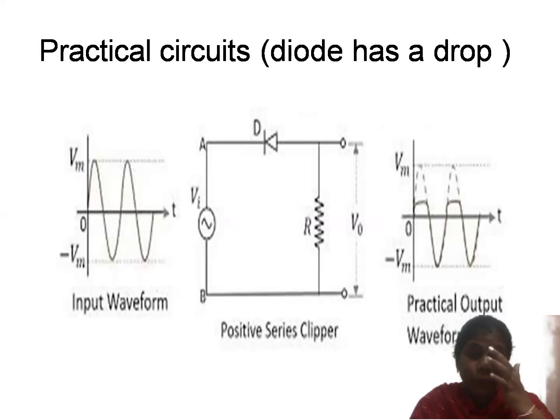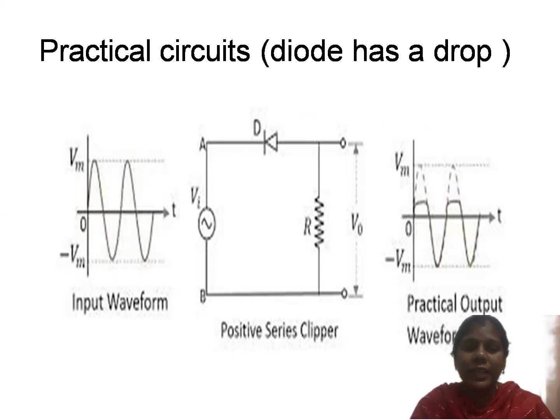Whenever it acts as an open circuit, the output voltage V0 is equal to 0. But coming to practical applications, there will be some leakage current flowing through the diode, and that leakage current is going to be drawn above the reference voltage, that is 0 volts. Means a small portion of the output positive voltage can be seen across the positive cycle.